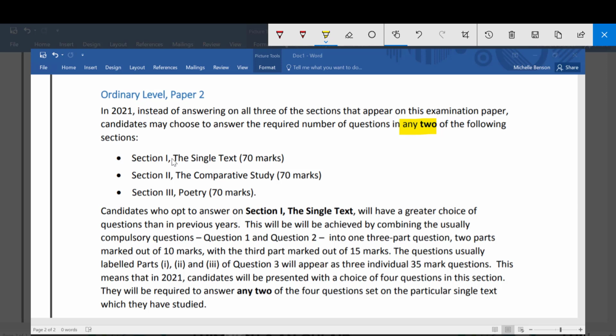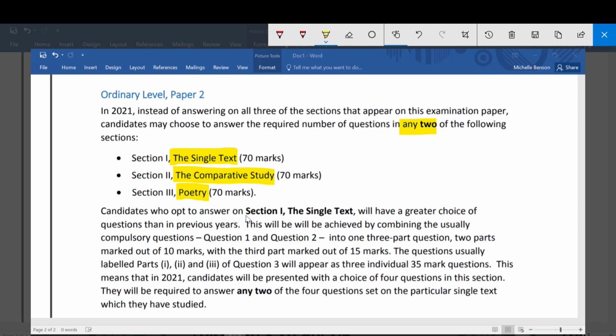So we have section 1, the single text, section 2, the comparative study, section 3, poetry. So instead of answering questions from each section, you can answer questions from any 2. So you can leave out one section completely if you want.